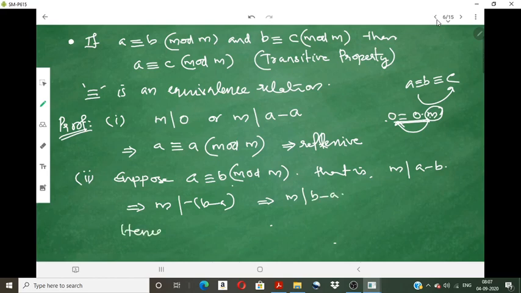Hence, again by the definition of congruence, B is congruent to A modulo M. So the symmetric property is also proved.